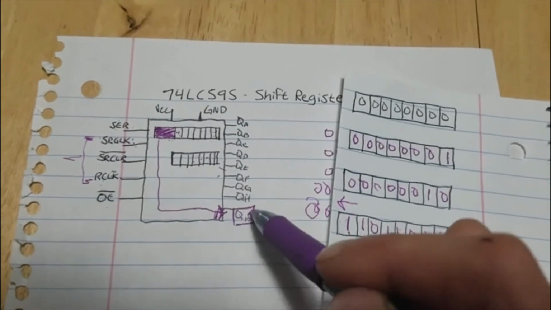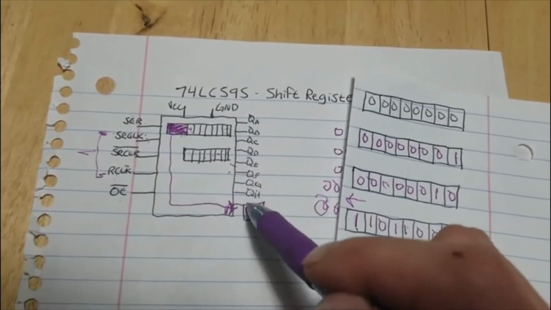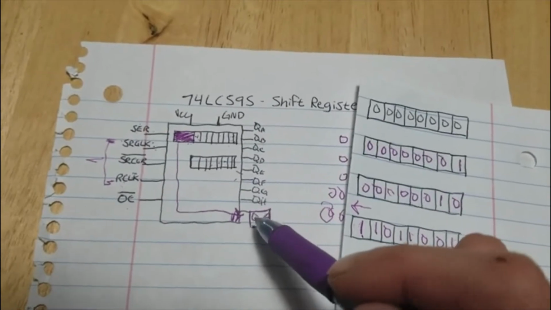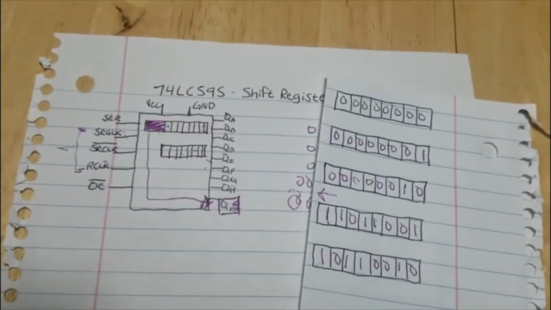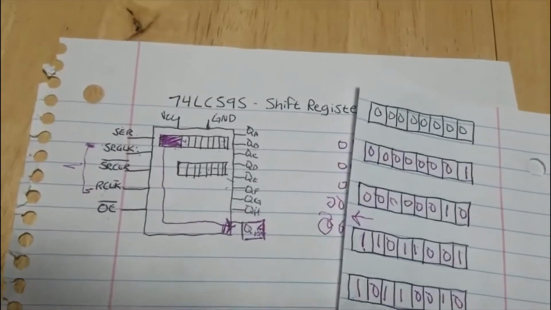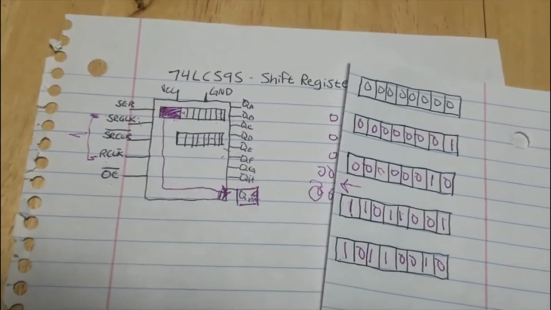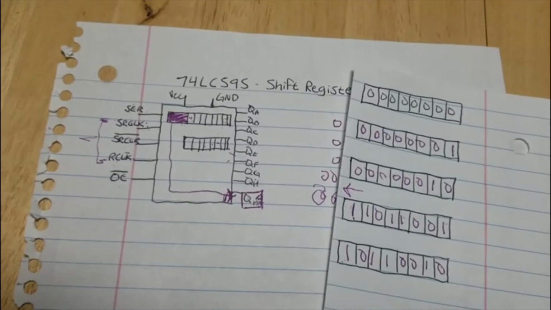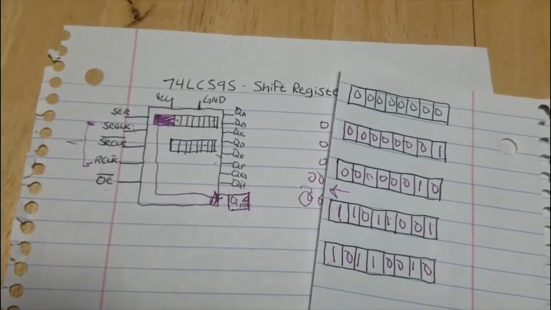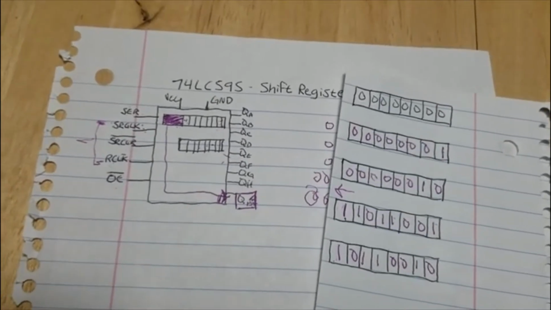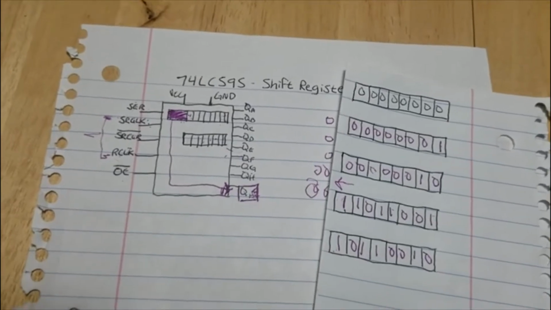Depending on, you might care about that or not, but it's there if you want it, which is useful because what that means is you can chain a bunch of these together, and instead of just having an 8-bit register, you could make it 16 bits, 24-bit, 32-bit, etc.